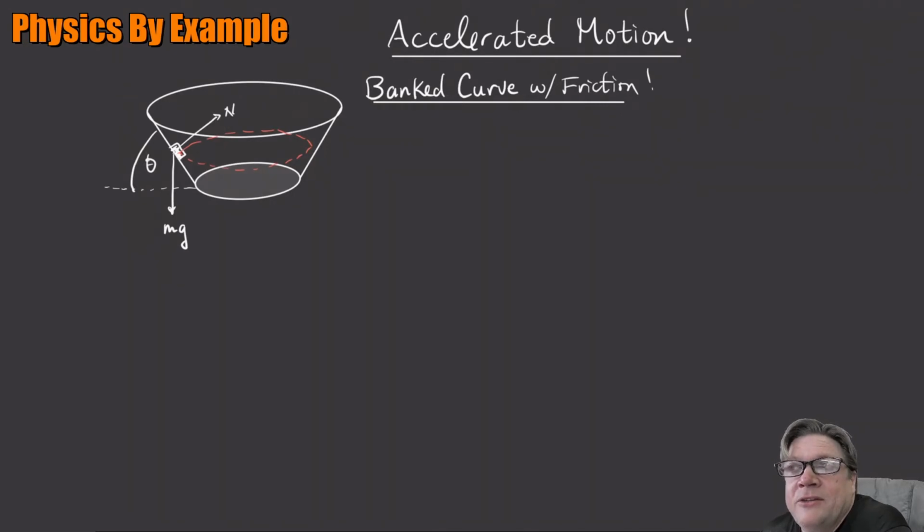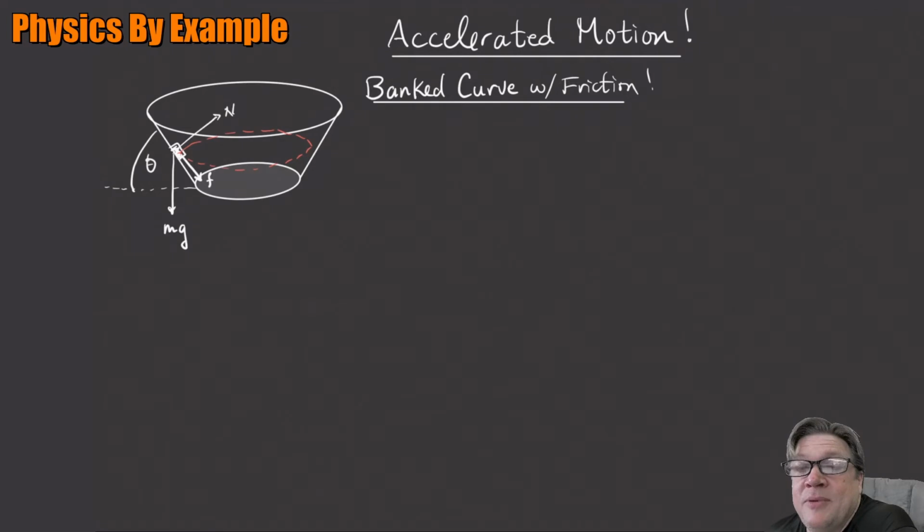Again, I try to imagine what would happen if there were no friction. If there were no friction and you're driving too fast, you start going up the plane, relative to the plane, you start going up to the top. So friction must be keeping you there. So the frictional force is acting that way, right?